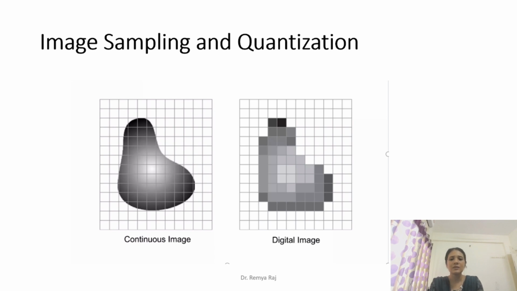Sampling is a very important process used to convert an analog image into a digital image. In signal processing we use only sampling, but in image processing we do quantization also, because your image is in two-dimensional form.